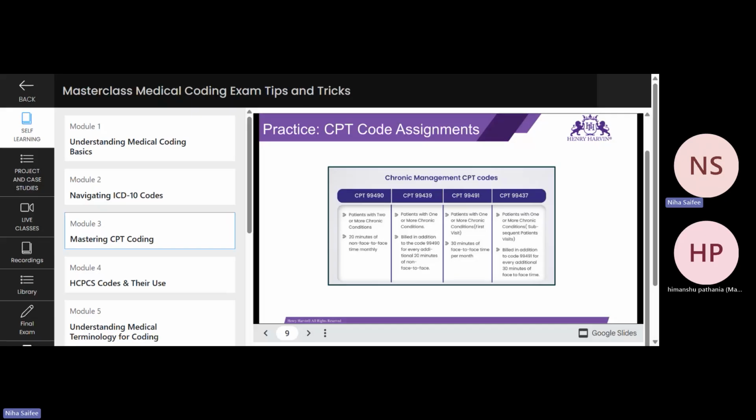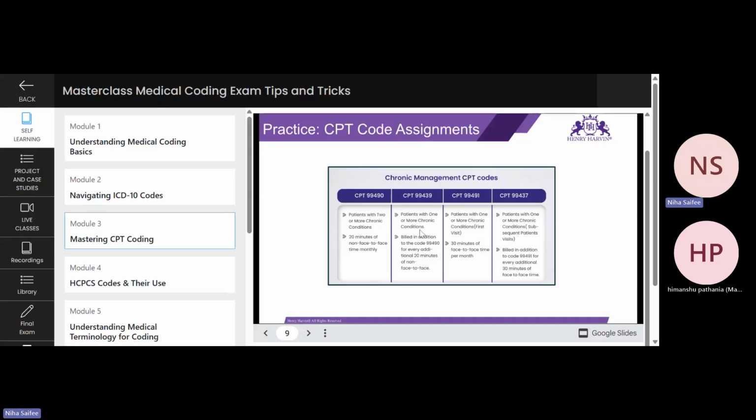Whenever a physician sees a patient, there will be a time mentioned: 15 minutes, 20 minutes, 45 minutes, 10 minutes. So according to time also, you need to select your codes. It's a patient with 2 or more chronic conditions and 20 minutes of non-face-to-face time monthly. So it's basically virtual. So you can select 99490.